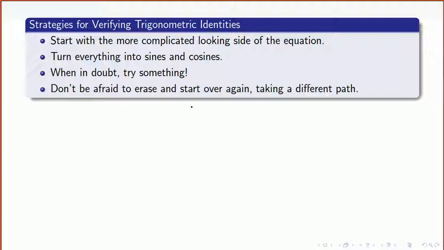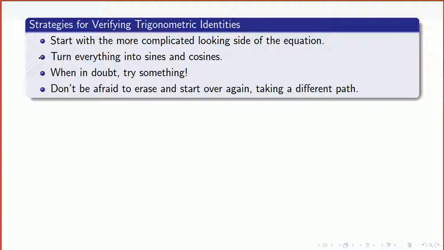The first thing I note is that when you're choosing a side of the equation to start with, to transform into the other side, always start by picking the more complicated looking side. I don't want to say always, because there are exceptions, but for the most part, if you choose the more complicated looking side, you're moving in the right direction.